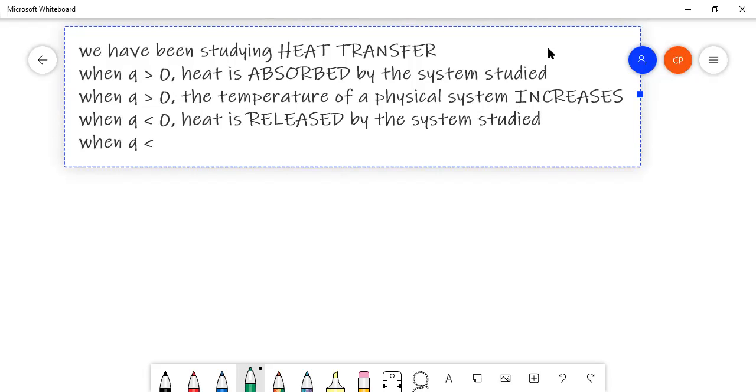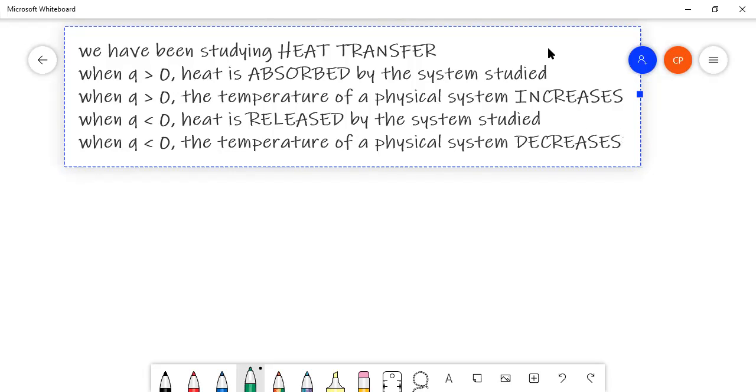When Q is less than 0, the temperature of a physical system is decreasing. Man, y'all don't say that confidently. If you know something, be proud you know it. Okay?